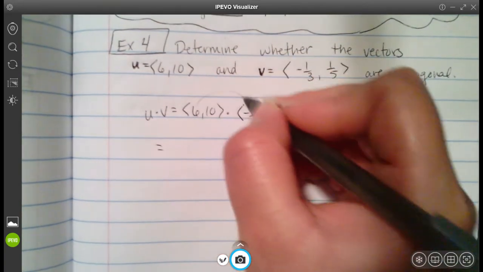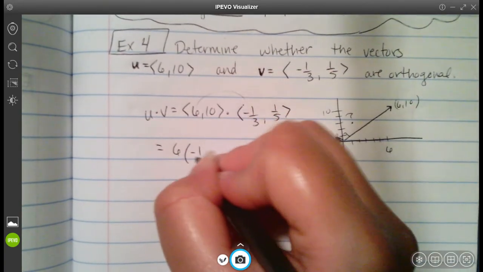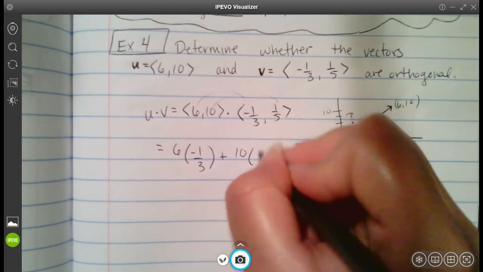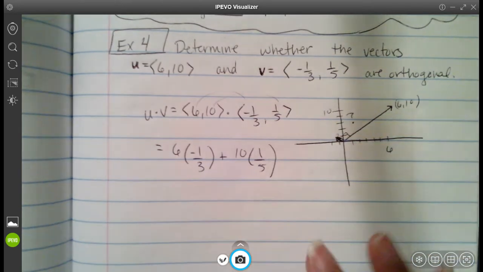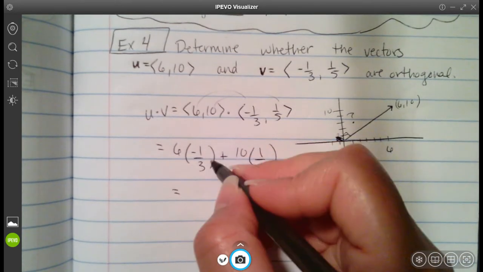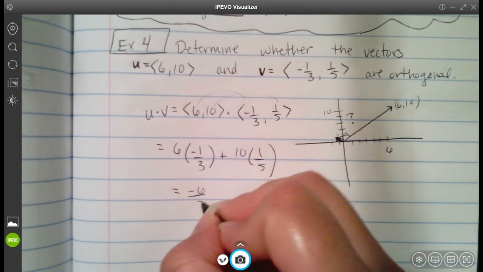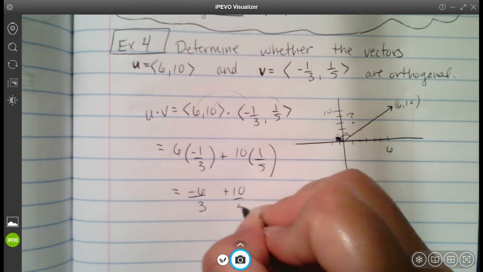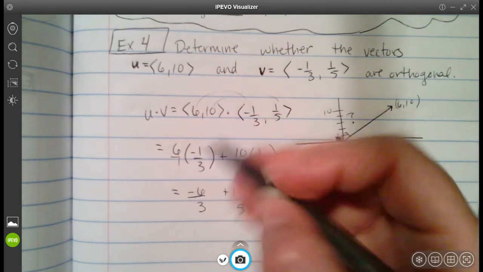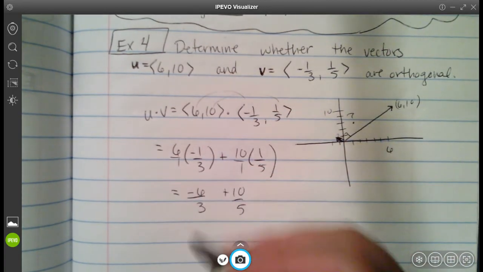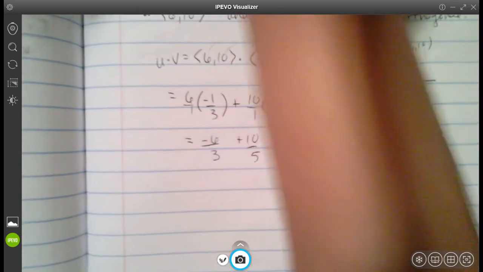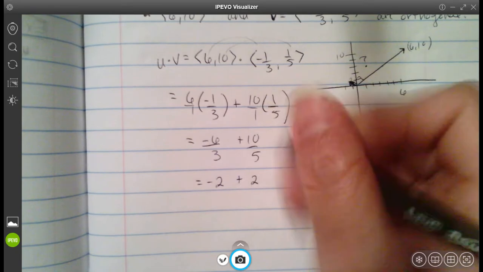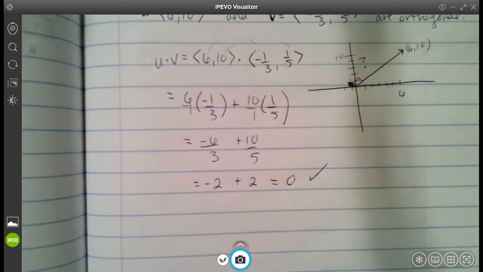That's going to give us 6 times negative 1/3, plus 10 times 1/5. 6 times a third is like saying negative 6/3, and 10 times a fifth is like saying 10/5. Remember, you can just put this over 1 and then multiply across. So negative 6 divided by 3 is negative 2. 10 divided by 5 is positive 2, and it does equal 0.